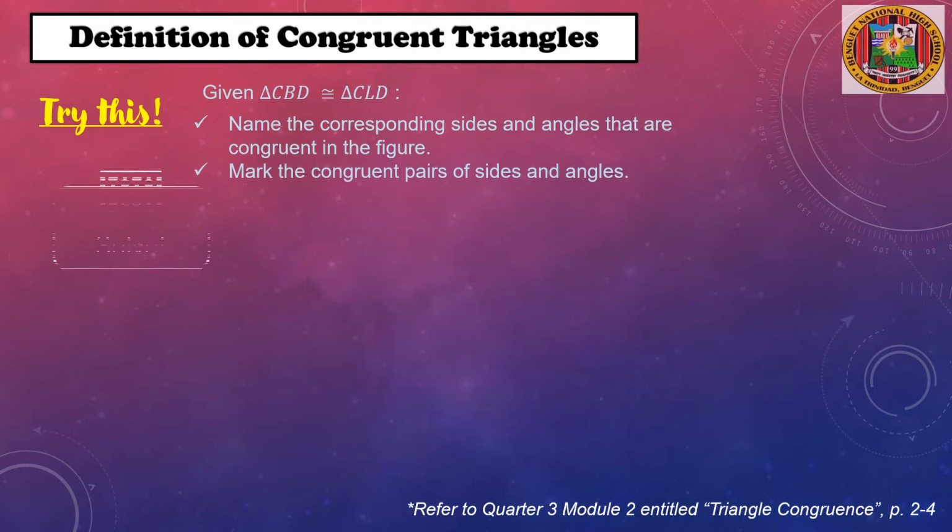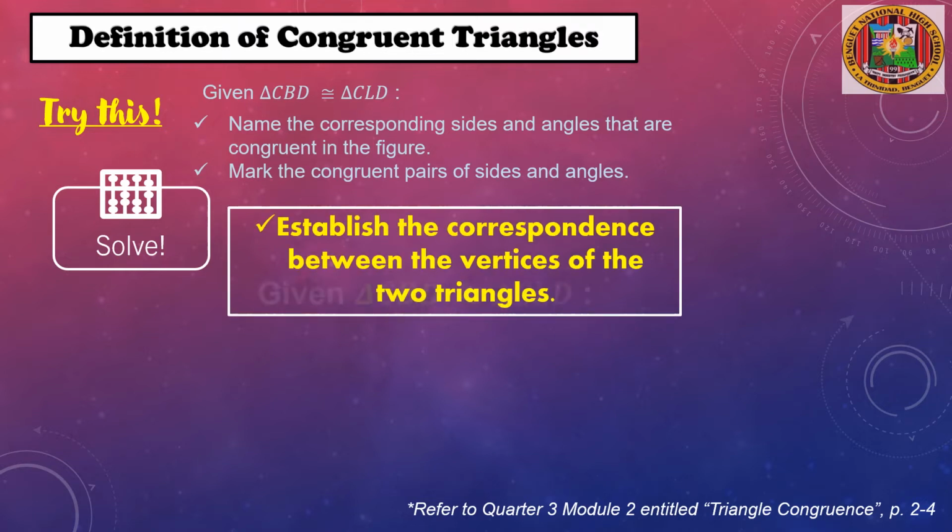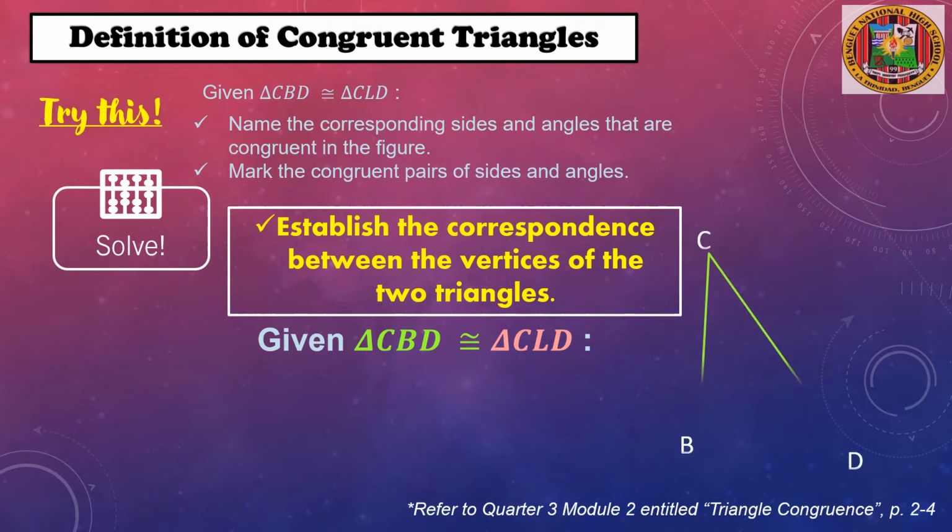Let us solve. We begin by first establishing the correspondence between the vertices of two triangles. Which vertices correspond or are paired in the two triangles given? If we are given that triangle CBD is congruent to triangle CLD, then the vertex C in triangle CBD is paired with vertex C in triangle CLD.